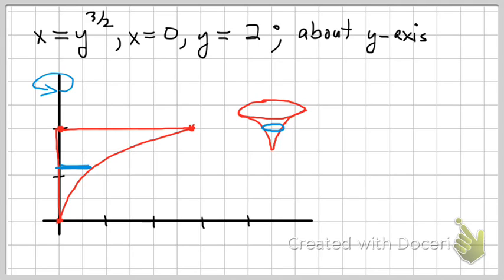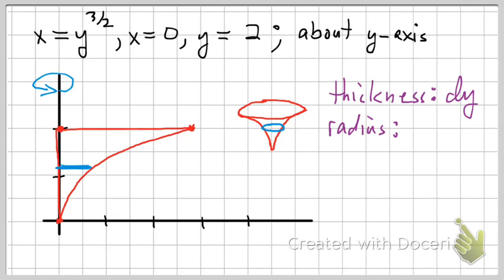All right? Okay, so if this is what we're going with, then what is your thickness? dy. And that means everything else about this integral is going to be in terms of y. Since it's a disk method, the only thing we need is the radius of those disks, right? The radiuses that we're creating.